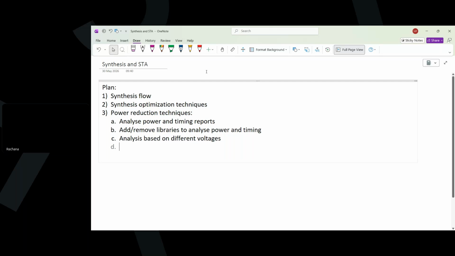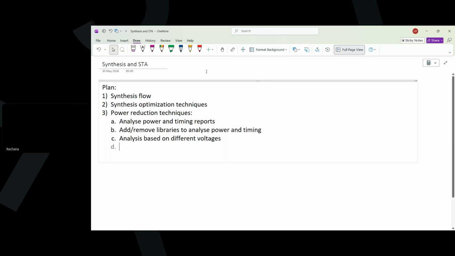We will first give only one type of library working on 0.95, then another one at 0.75. By doing this, we are again going to see the power and timing, how the tool is optimizing everything. If you see a certain pattern, certain LVTs, RVTs, HVTs, why it should be happening, we are going to do that analysis.